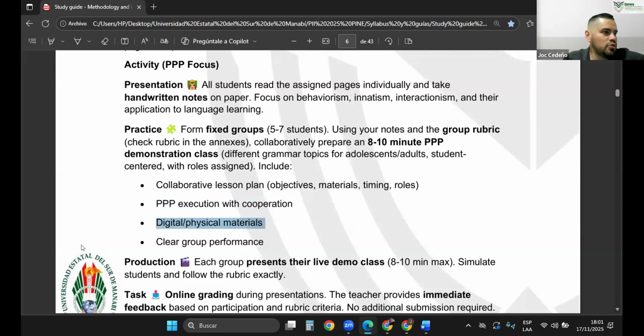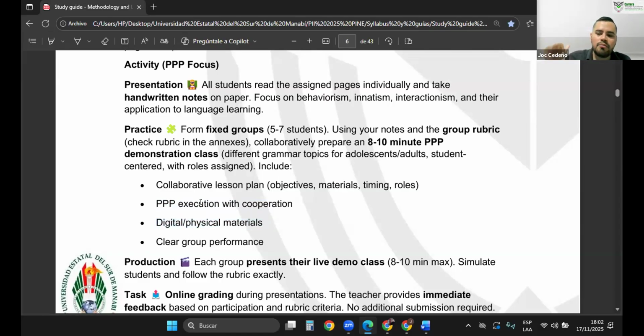For example, you use paper, or I don't know, a toy, or maybe a book, or anything that you can get for the class. And you need to make sure that your group speaks clear English. Clear English is important.